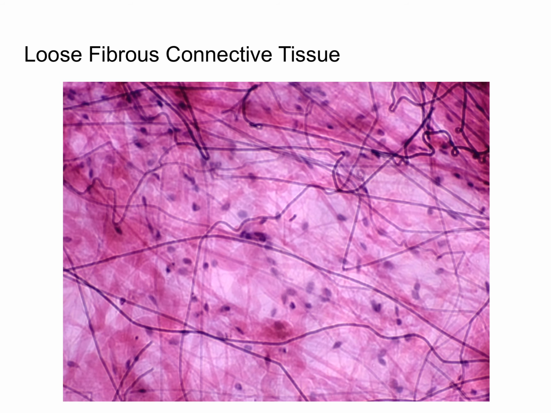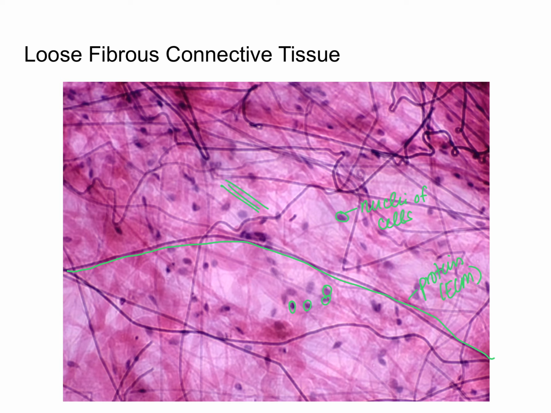In this picture, we've got loose fibrous connective tissue. And so once again, what we're looking at here, these dark spots here are going to be the nuclei of cells. And you can see a whole bunch of those around here. And then these long strings that are both the dark purple and also these kind of lighter light purple back here, these are going to be the proteins of the extracellular matrix.